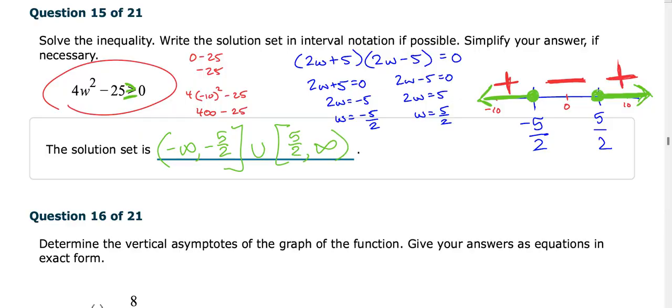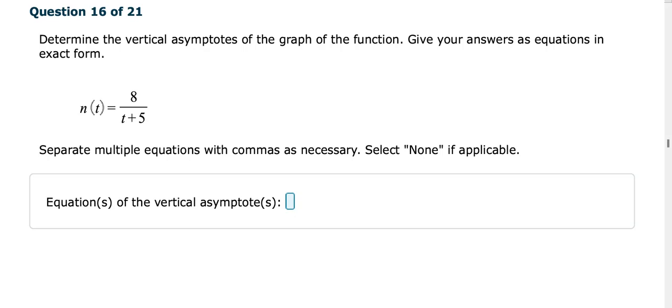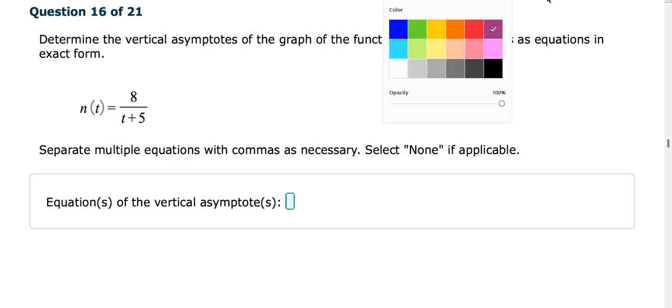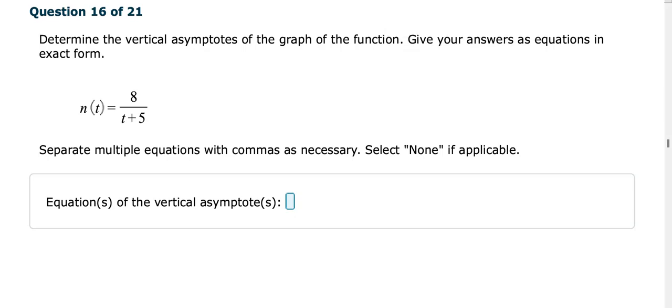Number 16, determine the vertical asymptotes of the graph. Give your answer as equations in exact form. Select multiple equations, separate multiple equations with commas if necessary, or select none if applicable. Your function is y equals 8 over t plus 5. To find vertical asymptotes, you set the denominator equal to 0.